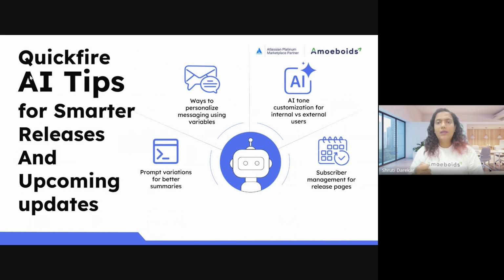And some of the upcoming updates. Like Amanda just asked, can we use multiple input fields? Yes, you can. That is on our roadmap, and soon we are going to release a feature where you can use multiple input fields for AI, and not just text fields. You will be able to use other fields as well.